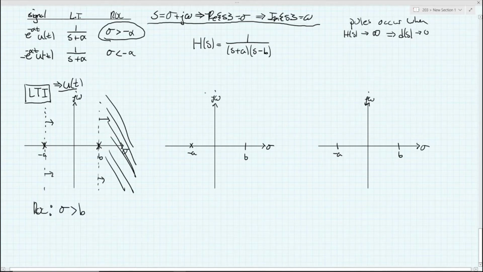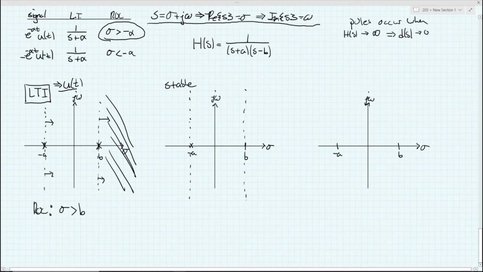Now, let's suppose we do stable first. So this would be if the system is stable. In order for the system to be stable, the j omega axis has to be in the region of convergence. And the region of convergence cannot contain any poles.